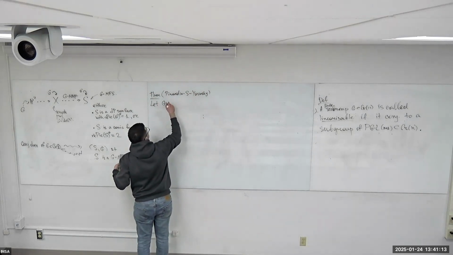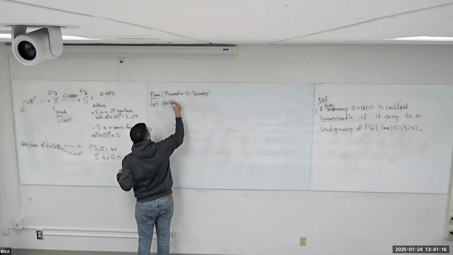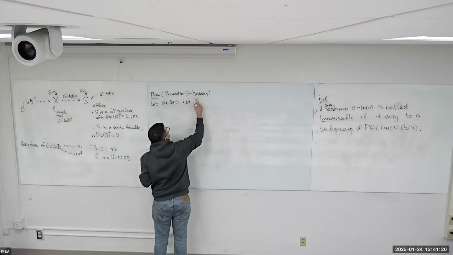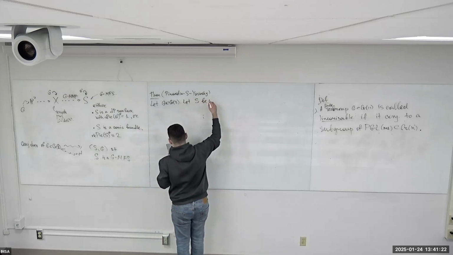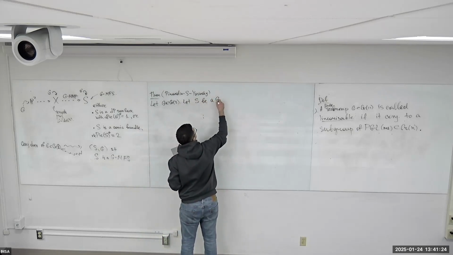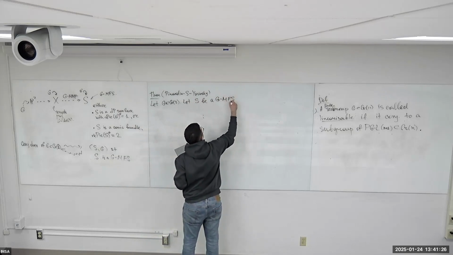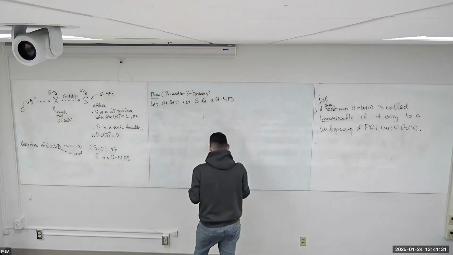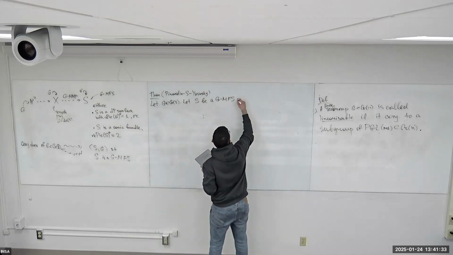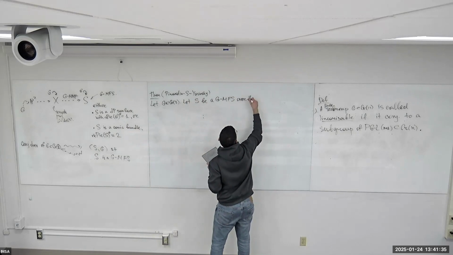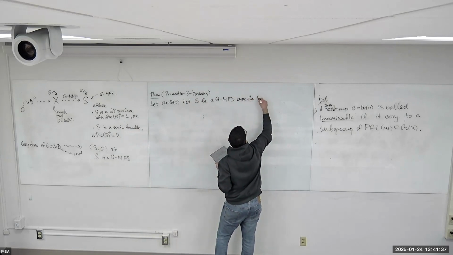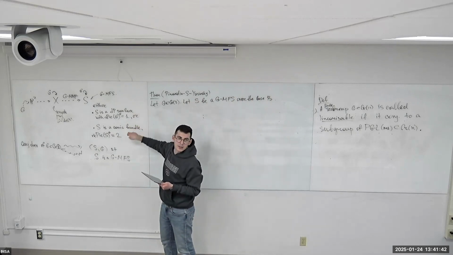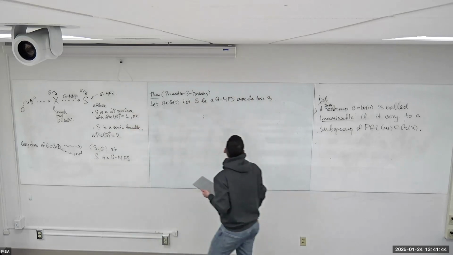Let G be a finite subgroup of Cremona 2, and let S be a G-Mori fiber space, which is obtained in this way, over the base B. By base, I mean a point in this case and P1 in this case, right?